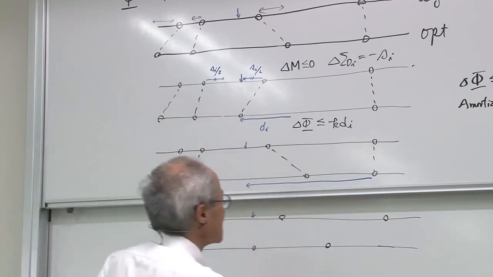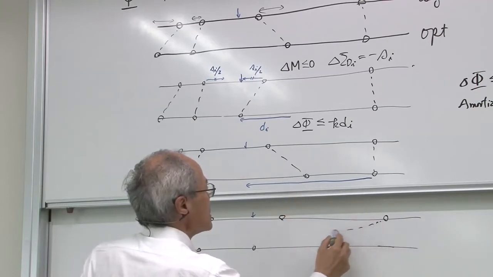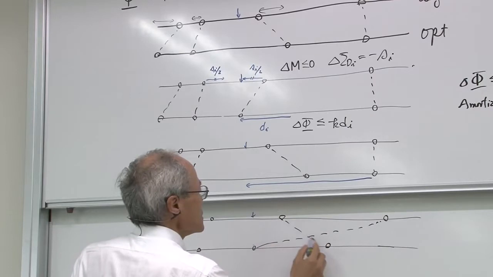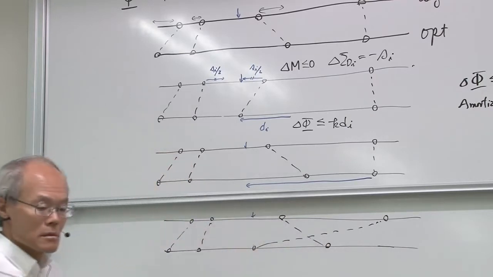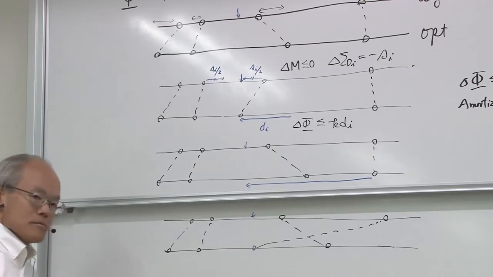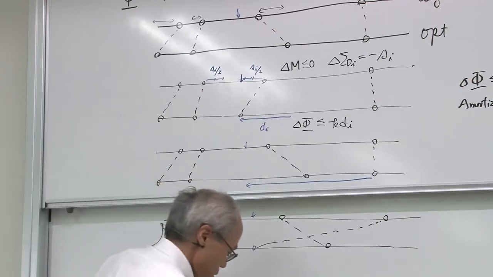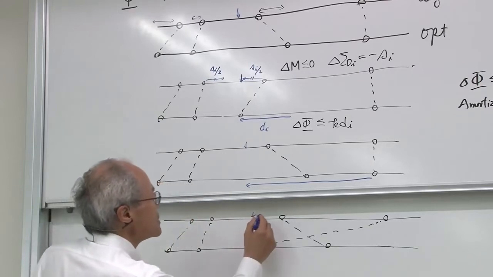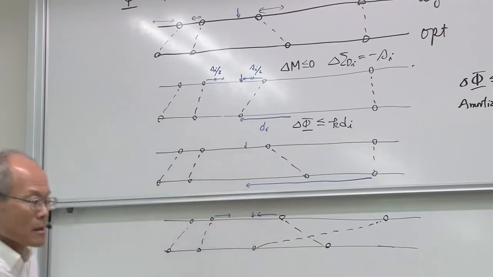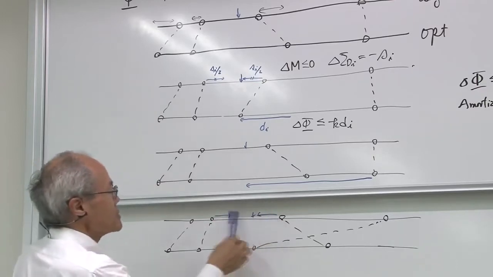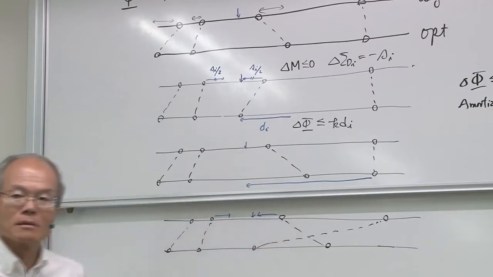Then what happens? The matching changes like this. Now, the problem is if two servers move like this, then both matchings increase.